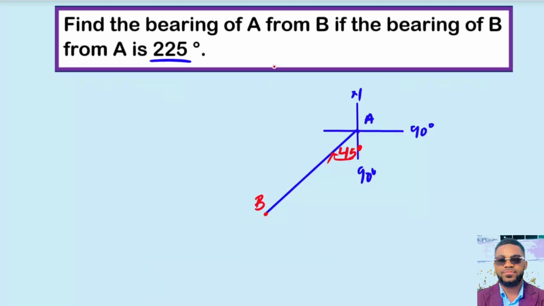So to get the bearing of A from B, what do we do? Let's get our next compass, and that's going to be on this point, where the line ends. So that's going to be something like this, and we have our north pole here. Now, the moment you do this, you remember that we are going to use the angle property. You can see that this angle, 45 degrees, and this angle form alternate angles.